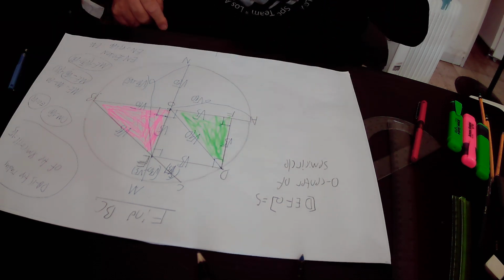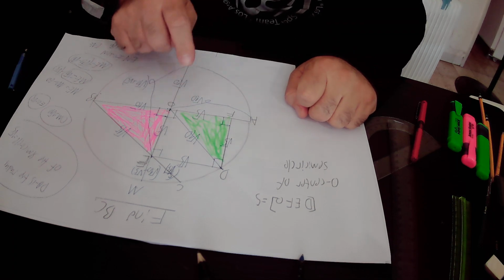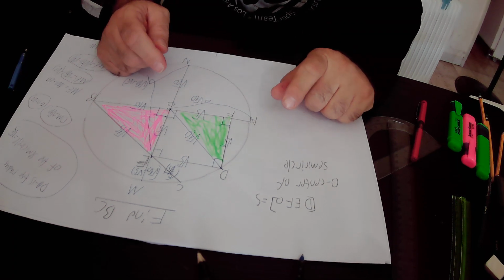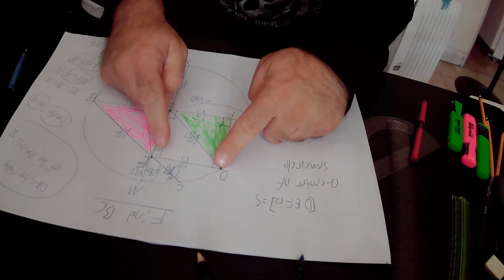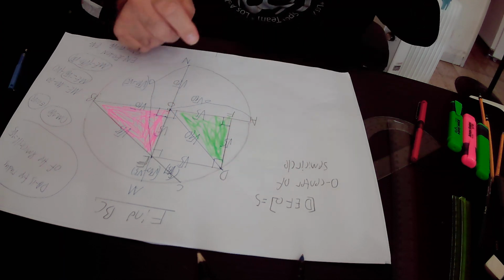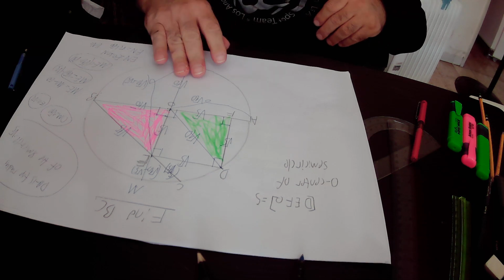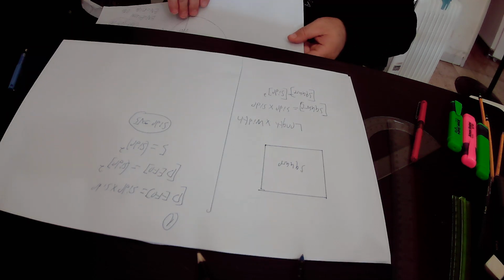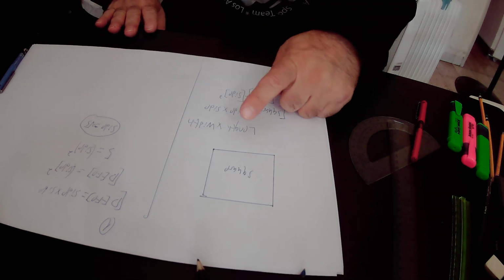Okay? So first of all, because DEFO is a square, all the angles inside any square are right angles. So those 4 angles are all right angles. They are equal to 90 degrees each one. And then we also know that the area of a square equals the length times the width.